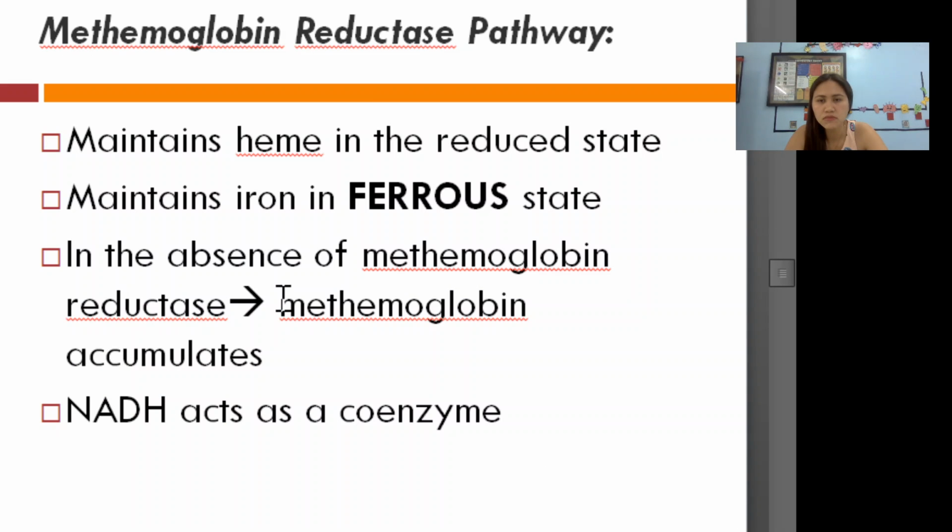So let's talk about another pathway called methemoglobin reductase pathway. By the way, methemoglobin reductase is an enzyme that reduces your methemoglobin to hemoglobin. Okay? So, what's the difference sa methemoglobin o kanang normal hemoglobin? The normal hemoglobin has a ferrous form of iron. Ang methemoglobin has a ferric state of iron.